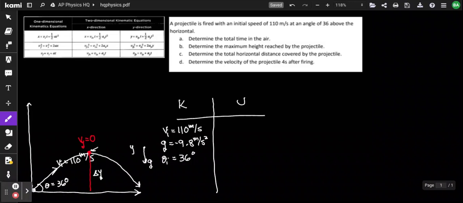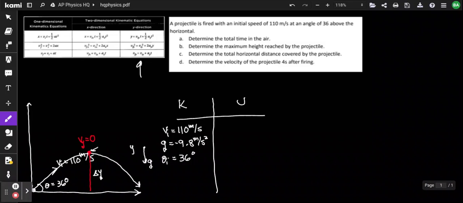Looking at our y direction equations, there's a couple different ways that we can solve for delta y. One says delta y is equal to v initial times time plus 1/2 a t squared. That won't work since we don't have time. Another is v final squared equals v initial squared plus 2 times acceleration times the displacement.